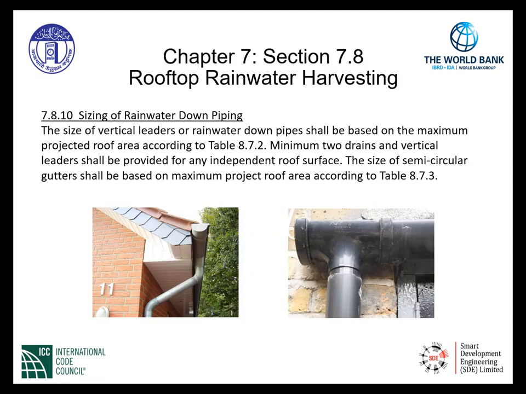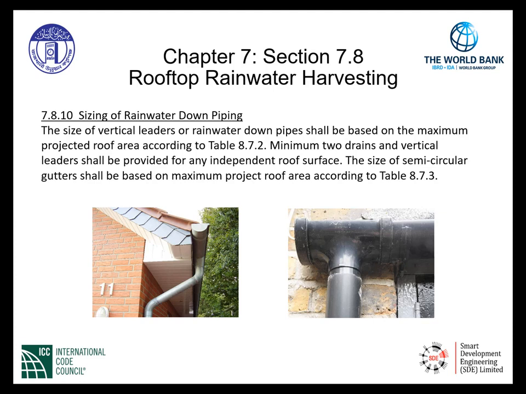Sizing of rainwater downpiping, Section 7.8.10. The size of vertical leaders or rainwater downpipe shall be based on the maximum projected roof area according to Table 8.7.2. Minimum 2 drains and vertical leaders shall be provided for any independent roof surfaces.